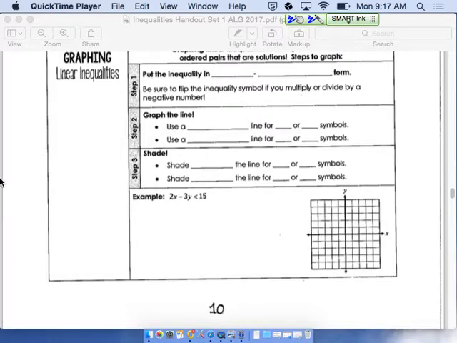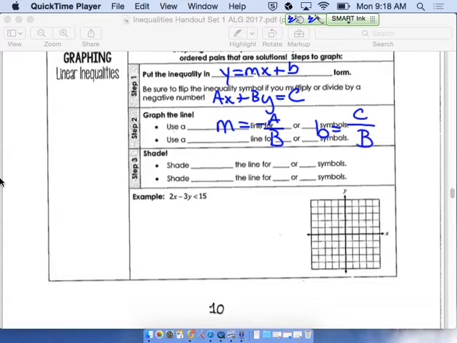The notes we're using ask you to put each line in slope-intercept form. You don't really need to do that. You should be able to handle it either way. If the line is presented in standard form, to graph it, remember the slope is negative A over B, and the y-intercept is capital C divided by capital B. You should be able to handle either form of the line as it's presented.